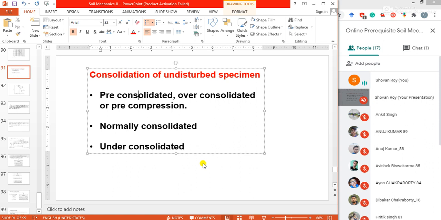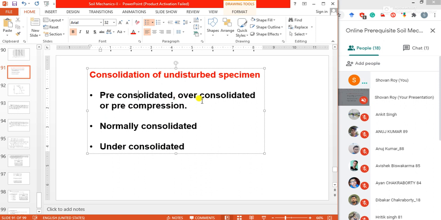Next, a soil which is not fully consolidated under the existing overburden pressure is called under-consolidated soil. It is getting some load in its present situation, but the soil is not fully consolidated, it is premature. The soil is in a state where it is in the process of consolidation, but the other two conditions are already consolidated.